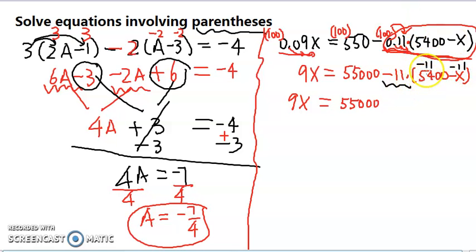And we need to work out negative 11 times 5400. So let's do that on the scratch paper. 5400 times 11. So we have 0, 0, 1 times 4, 1 times 5. And then 1 times 4 here, and 1 times 5.